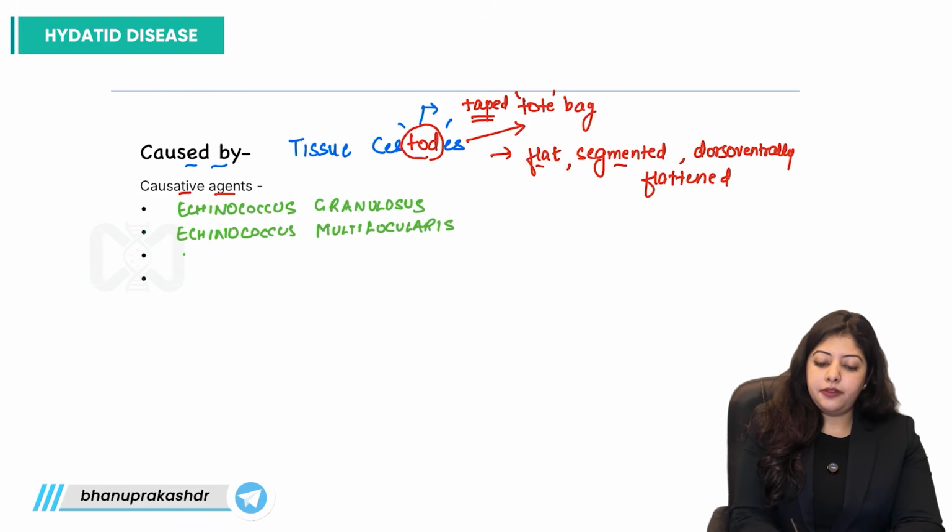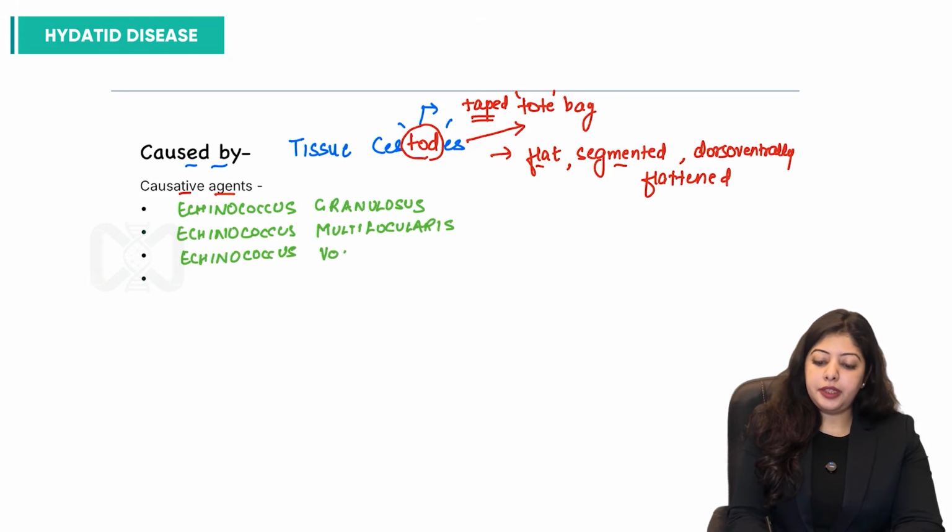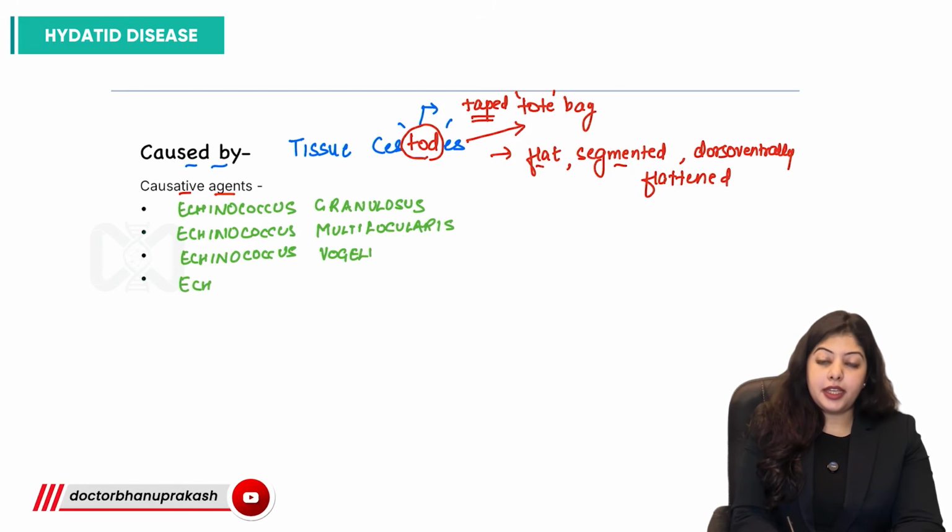Then we have Echinococcus vogeli, as well as another species, that is Echinococcus oligarthrus.